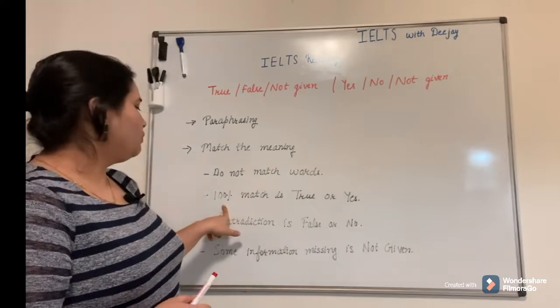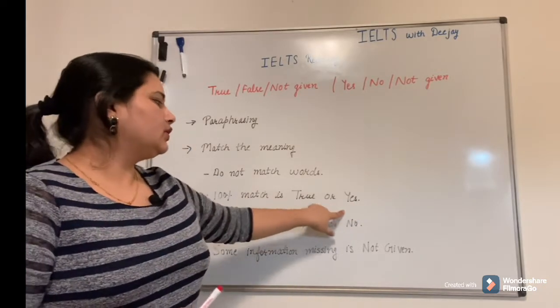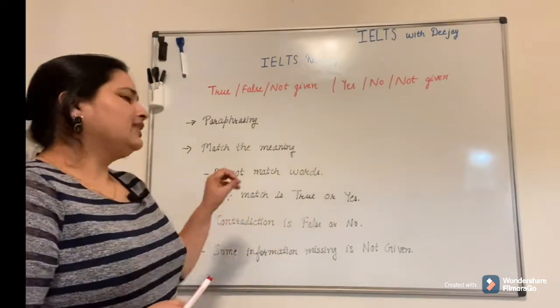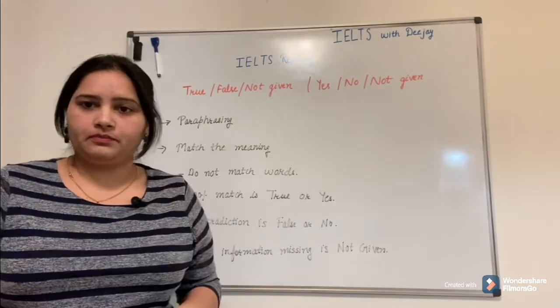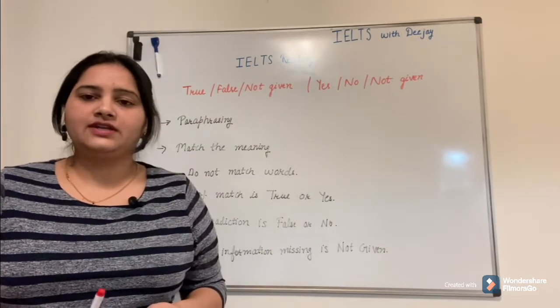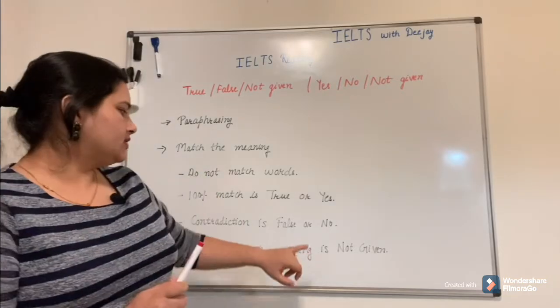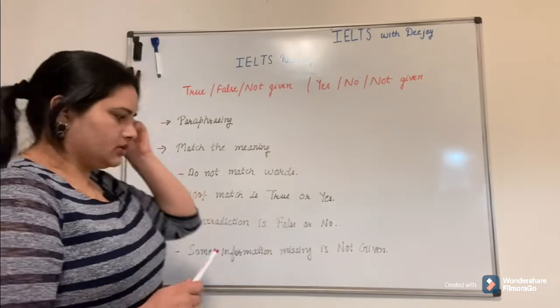Next is, you have to match the meaning. When it's a 100% match, that is true or yes, according to the instructions. Okay. Next is when there is contradiction. In the question, they're saying something else; in the paragraph, they're saying something else. They're contradicting. That is false or no, according to the instructions.